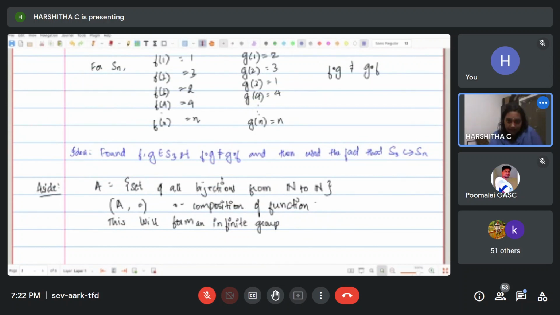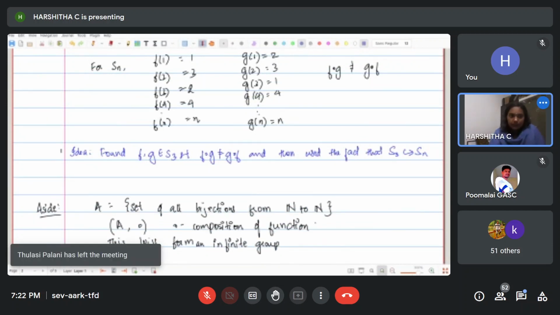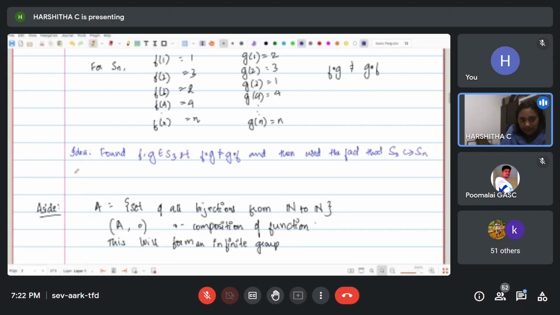Let me write what I just said. In a sense, what we have proved is, if H is a subgroup of G and H is non-abelian, then G is non-abelian.